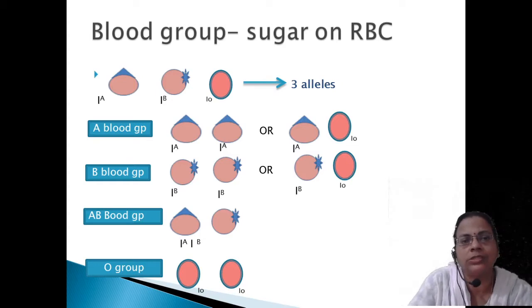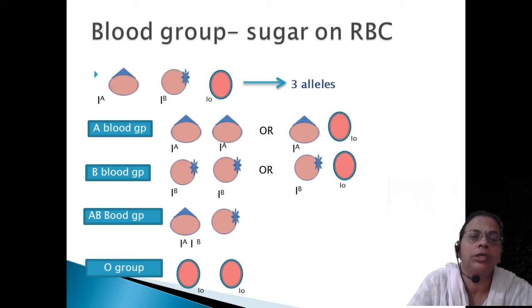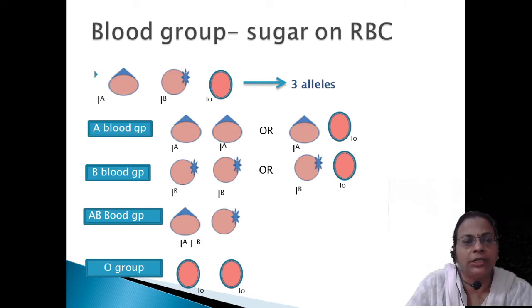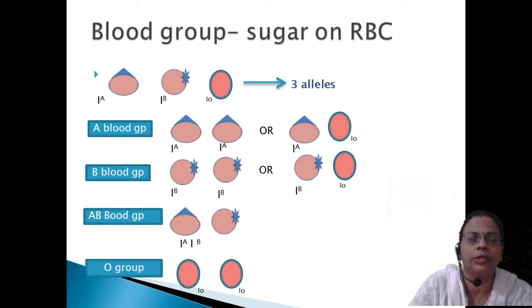Based on the distribution or pattern of inheritance of these three different alleles, we can categorize the entire population into four categories: A blood group, B blood group, AB blood group, and O blood group. In the A blood group, the phenotype is A blood group, but the genotype can be of two types.